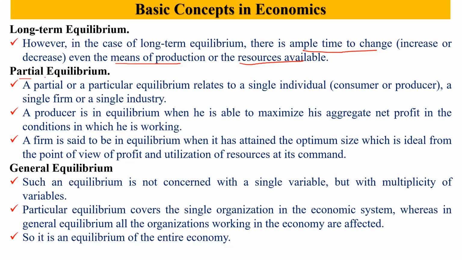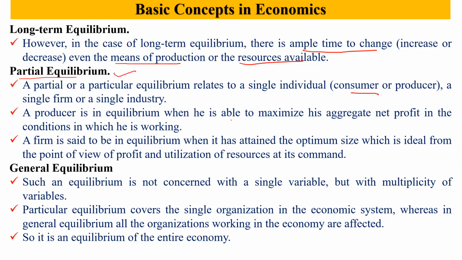The next is the partial equilibrium. Partial or particular equilibrium relates to a single individual, either consumer or producer, a single firm or single industry. There are a number of firms in the market, and when we are talking about a single firm, the equilibrium position of a single firm, then that is termed as partial equilibrium.